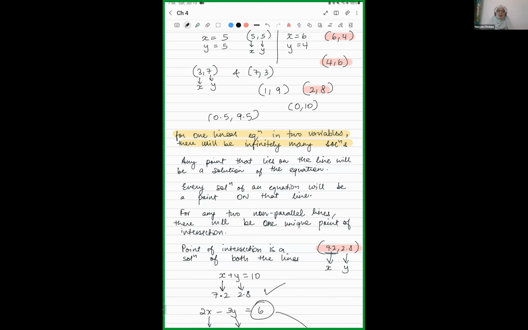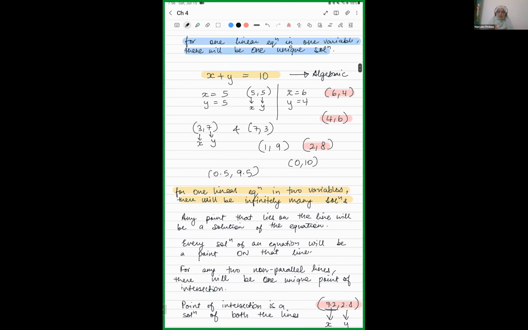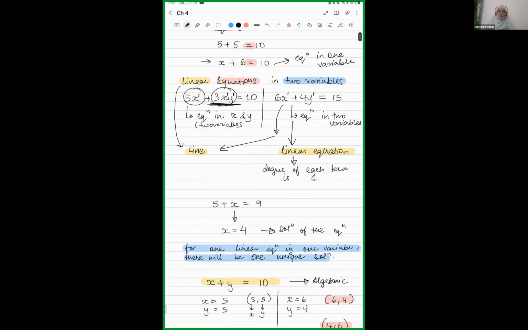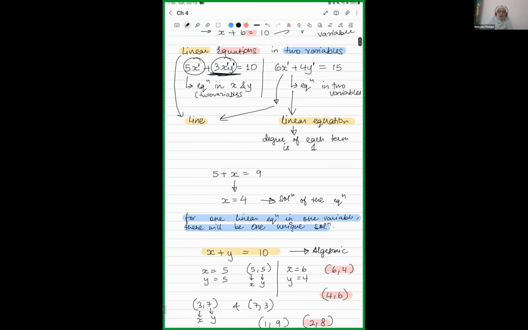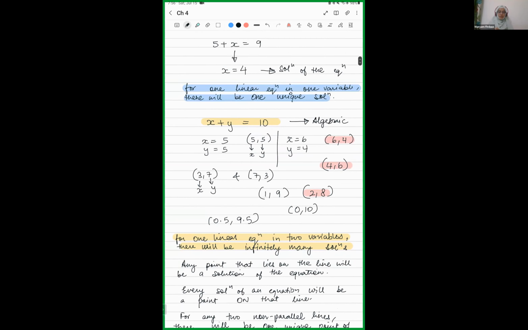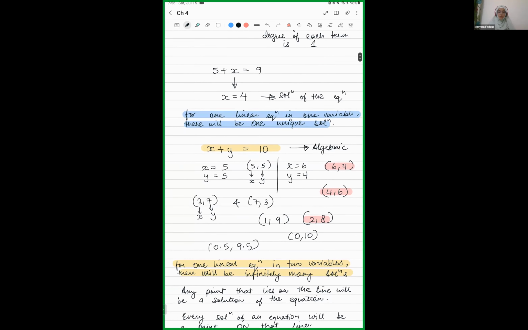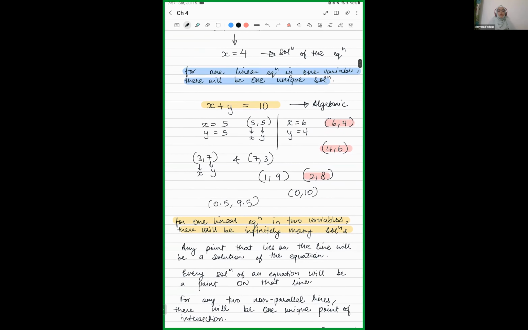All right. Now, so we saw this linear equations in 2 variables. Linear equation means the power of the equation is 1. There's no x square or y square. We're always going to have x, y, no square or cube or something like that. Now, we are talking about solution of the equation.